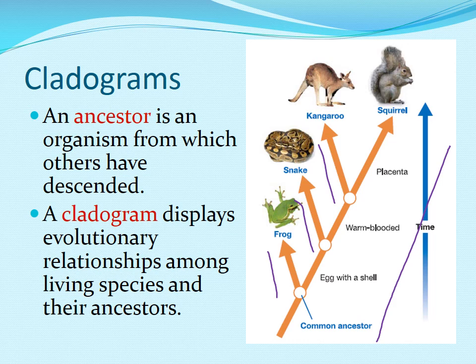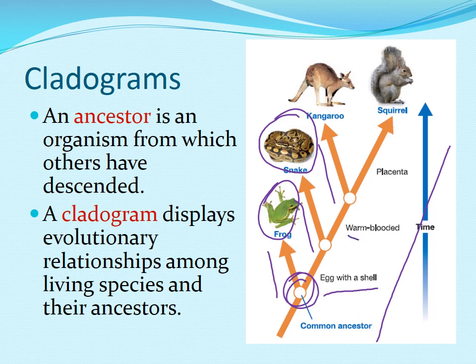For instance, on this one, we're starting with a common ancestor to all of these organisms at some point in the past. And then the group of organisms that become frogs branched off of it here. But you still had organisms that could lay eggs with a shell. So that meant that there was another group of organisms that branched off that included your snakes and other reptiles.